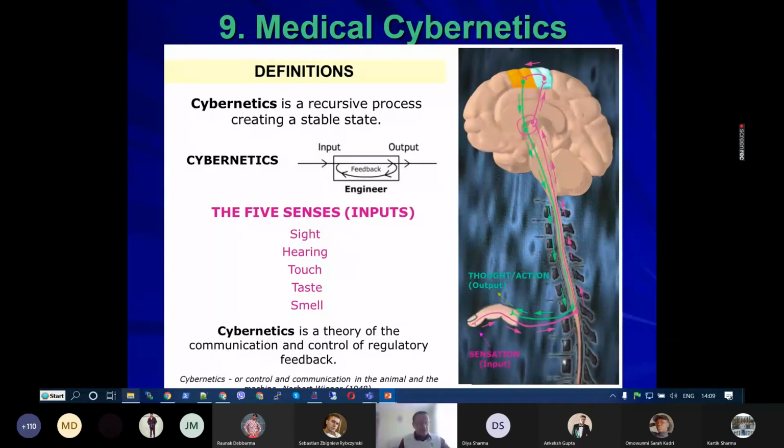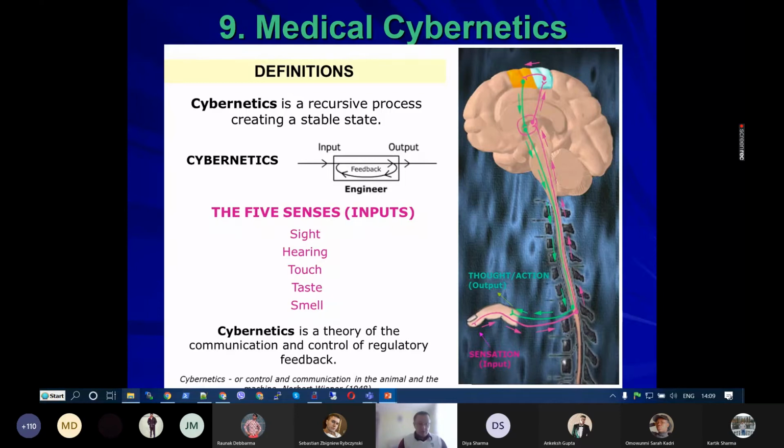Norbert Wiener, who is the founder of cybernetics, gave its definition, given in his statement at the bottom, which defined cybernetics as a theory of communication and control of regulatory feedbacks in technical systems or in live biological objects, animals, humans.